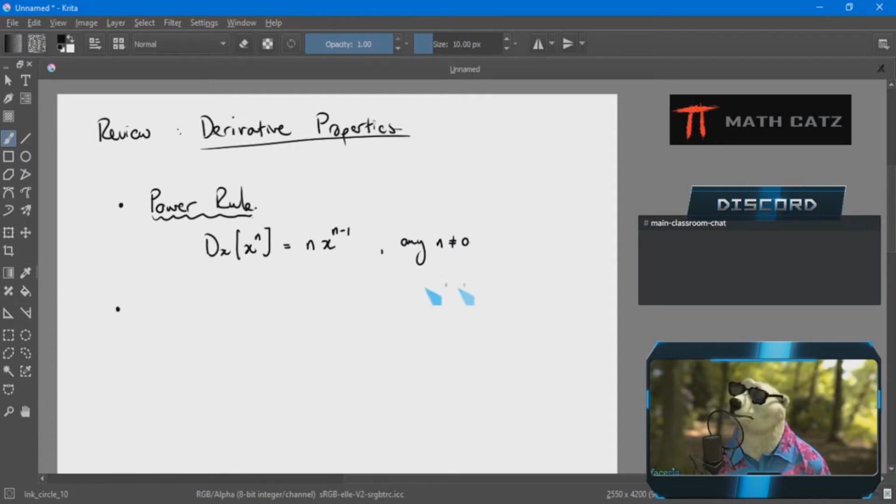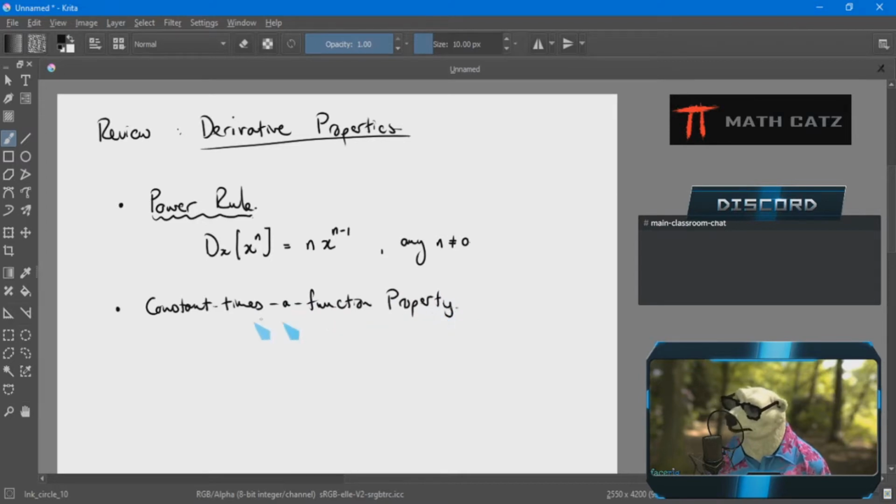But the power rule only says what it says. And my functions could have numbers around this x to the power of something. It could be in combination with other powers of x or other stuff. So we need what I'll call the constant times a function property.